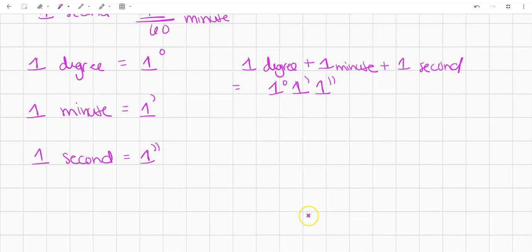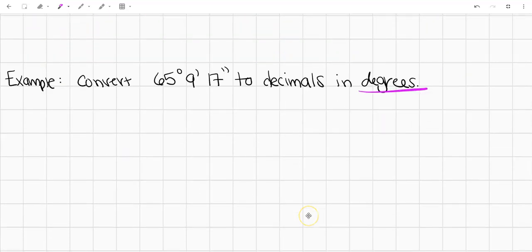So how do we convert degrees, minutes, and seconds to just degrees? We're going to be using the railroad track method. So starting with 65 degrees, since we're trying to convert it to degrees anyway, there's no point in doing anything.